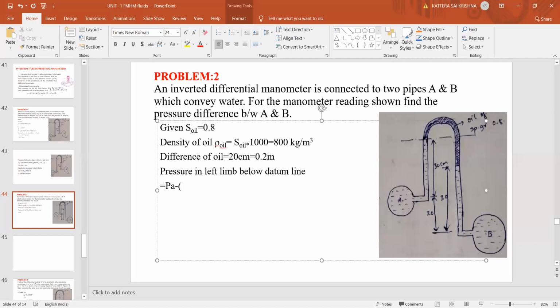What is the density of the fluid in the left limb? Water, so 1000, into g value 9.81, into the height of the fluid, which is 0.3 meters. 30 centimeters is 0.3 meter.